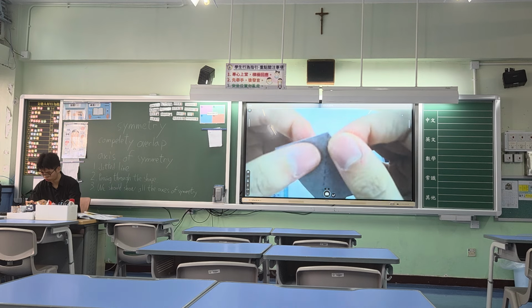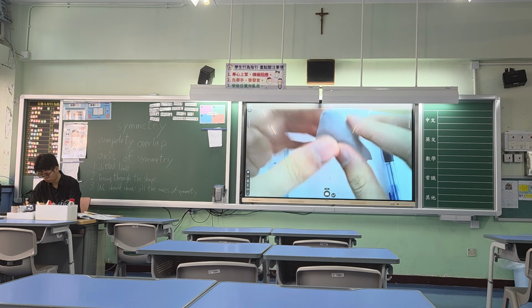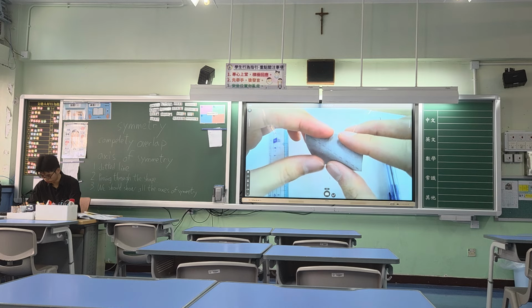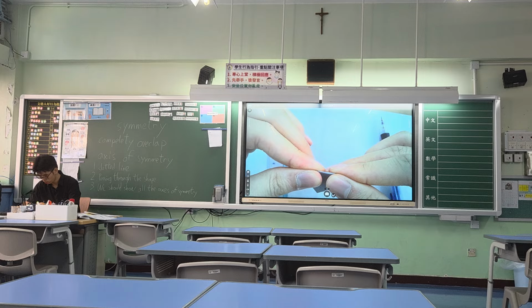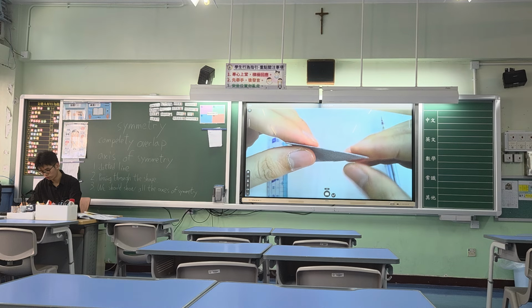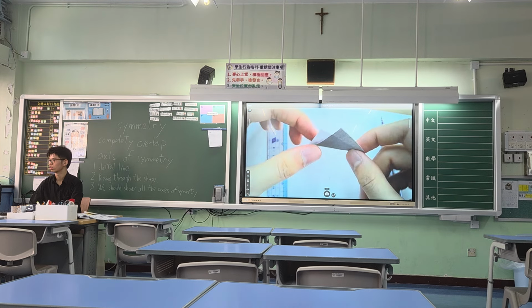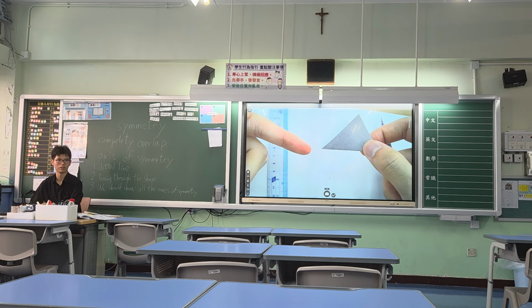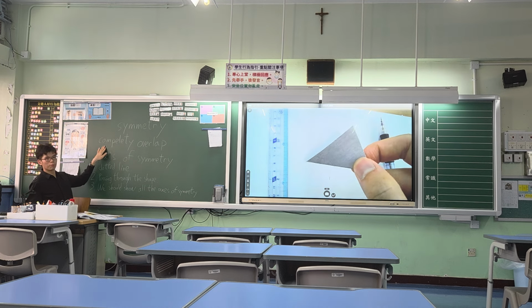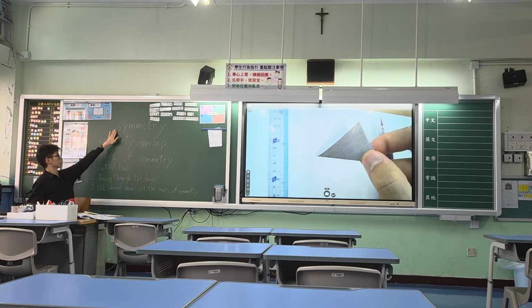Okay, let me try to fold it along the axis of symmetry. Oops, eventually, you can see they cannot be completely overlapped. If they cannot be completely overlapped, the shape will not be symmetric.